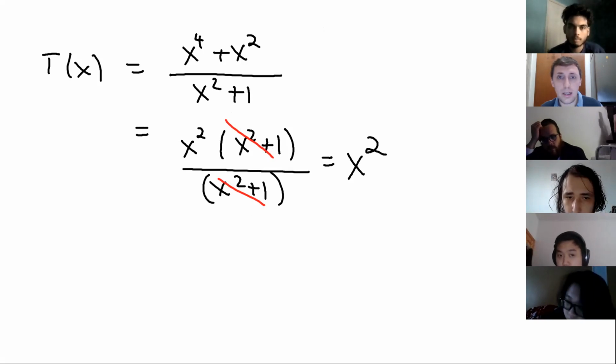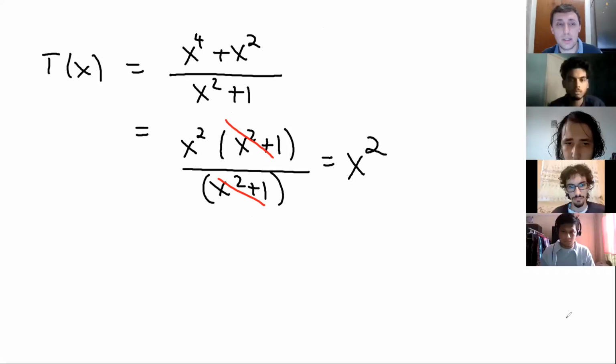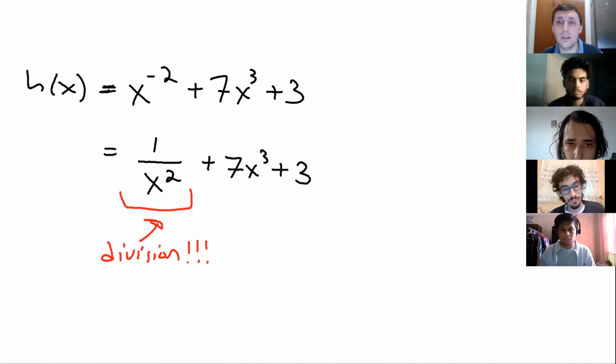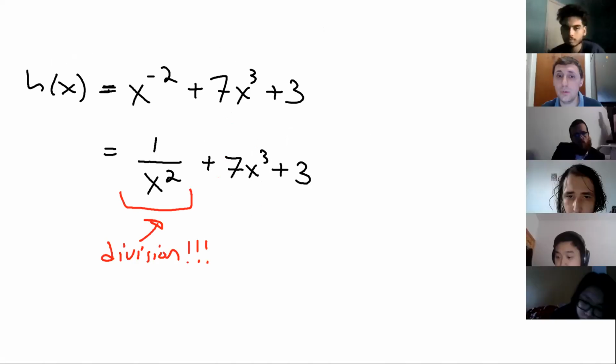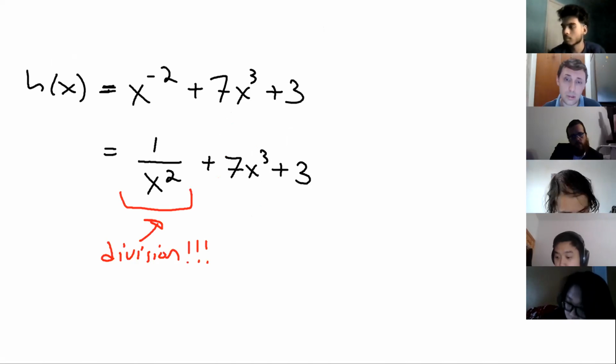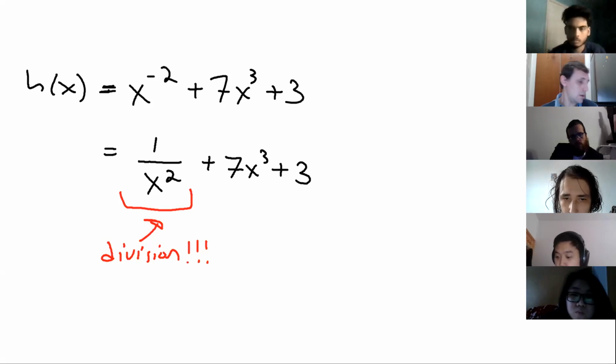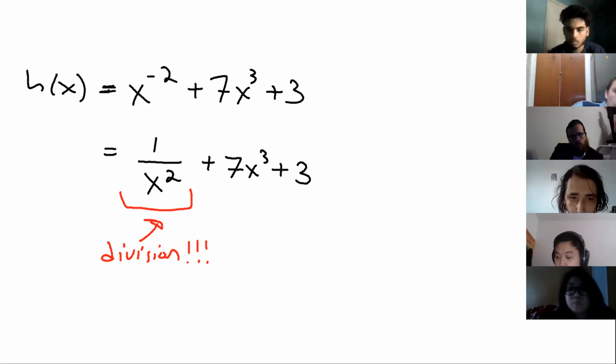Now, can I reduce the number of operations in this case? Or maybe you are right and you're saying this is not a polynomial. Can you come up with an argument to say, well, I cannot reduce it? Or maybe you think you can. You can express it as a fraction.